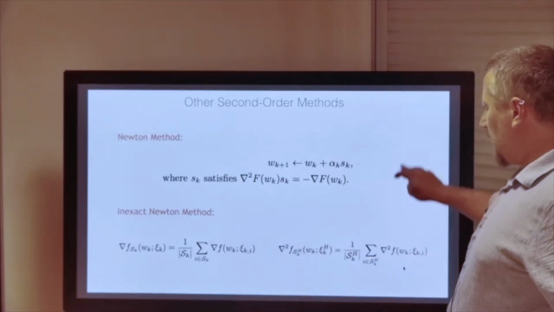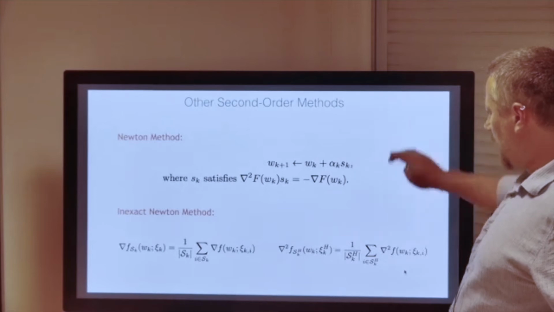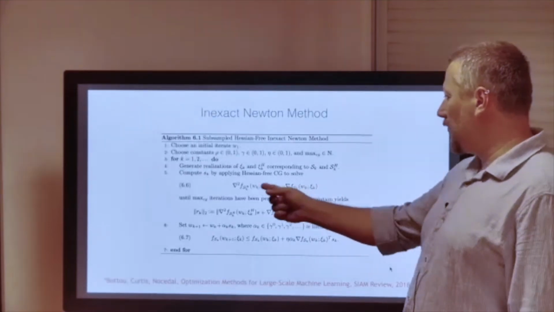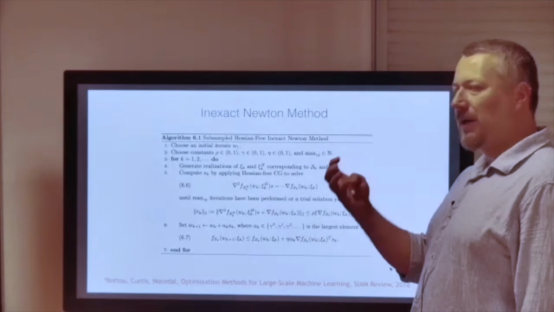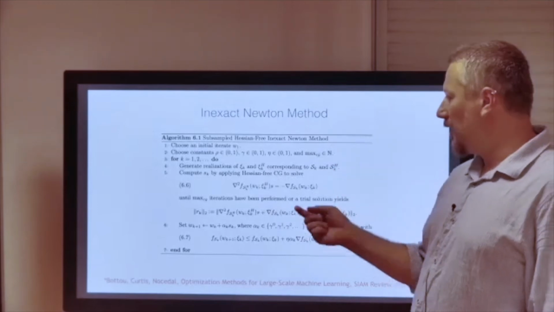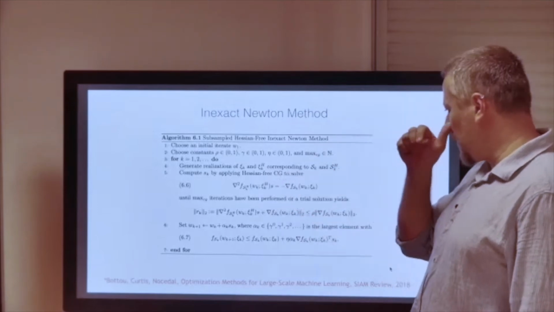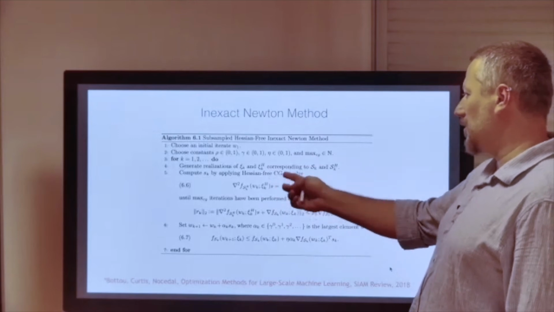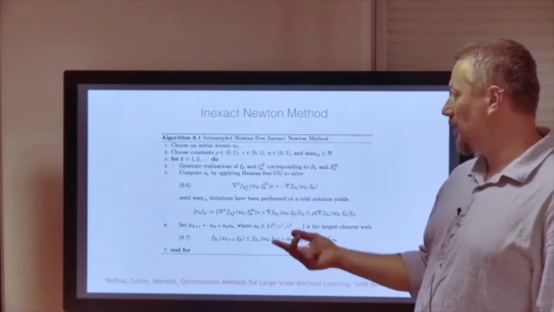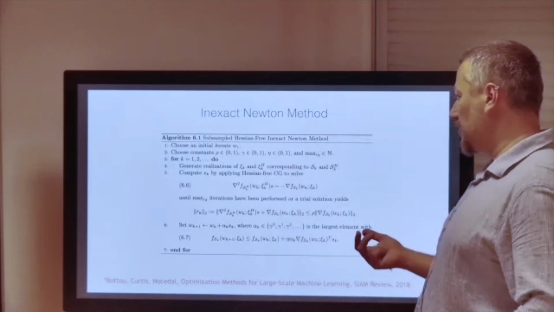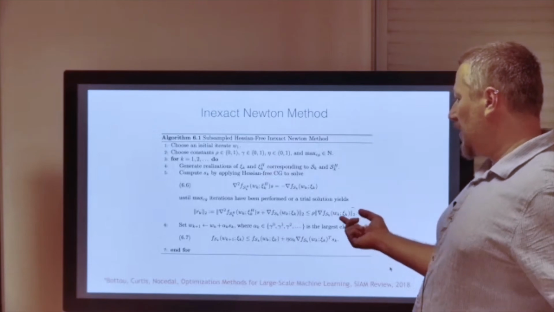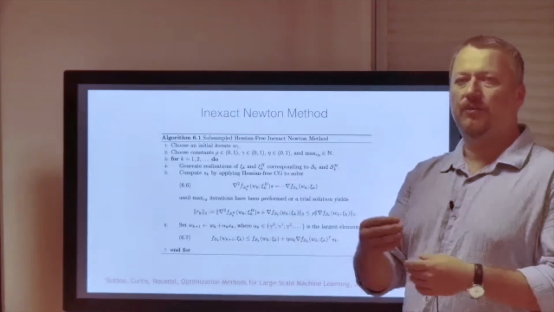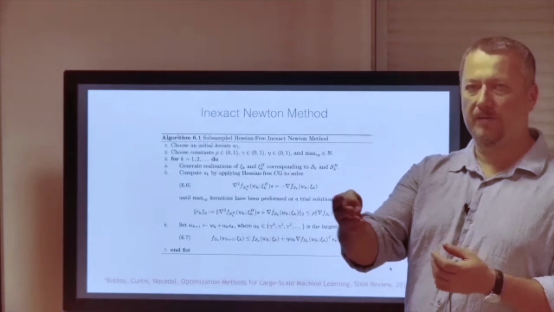And all right, so what you do is you solve this equality for these mini-batch gradient and Hessian. And again, you can use these conjugate gradient methods to approximate the solution without really calculating the Hessian inverse.